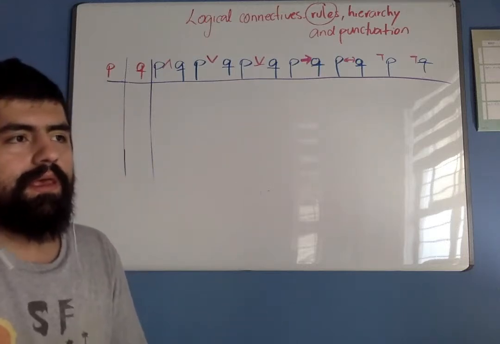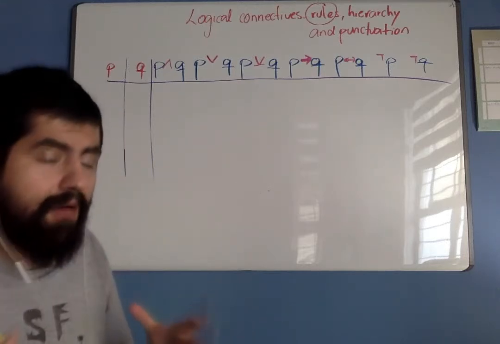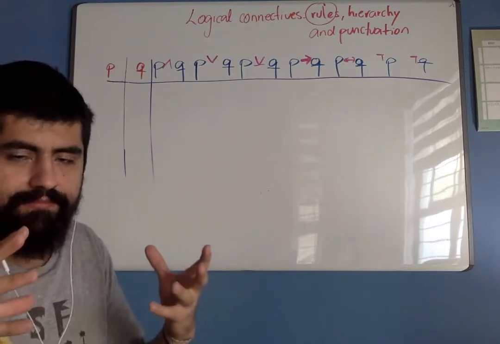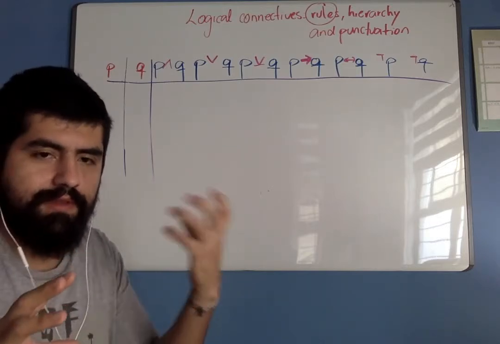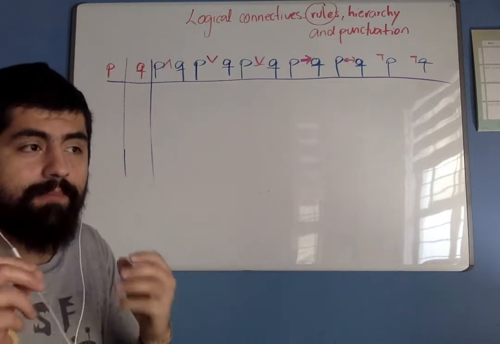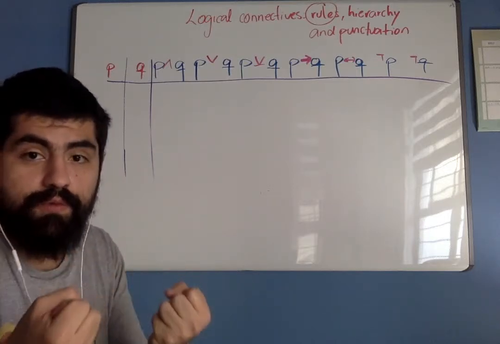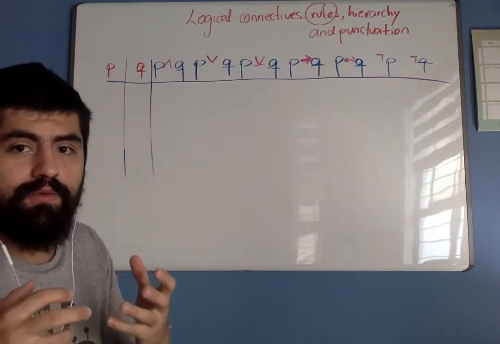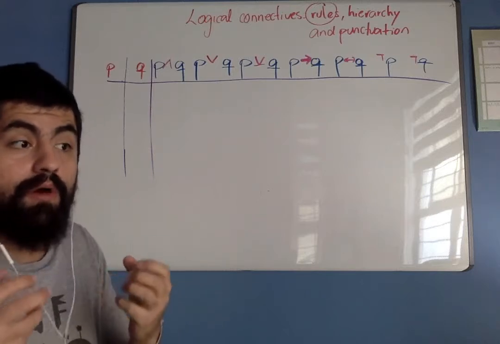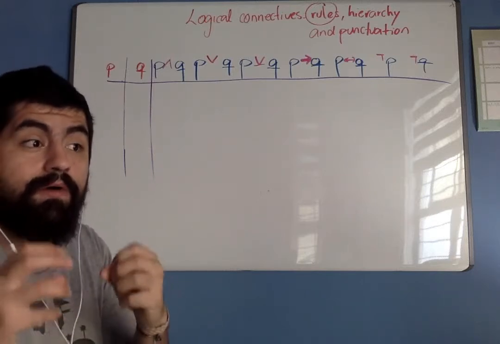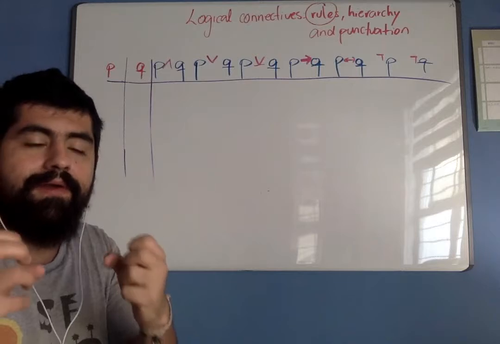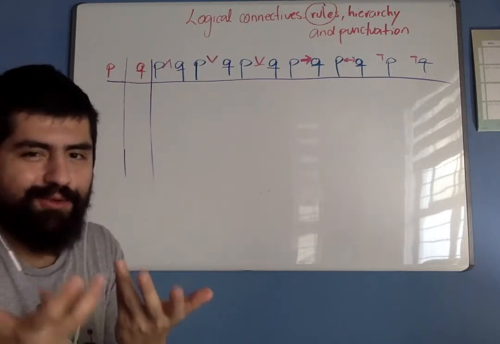Now, how can we determine the truth value of a logical connective? Well, with the rules. But to apply those rules, we need to know the previous truth values of the variables that are connected by the logical connective.